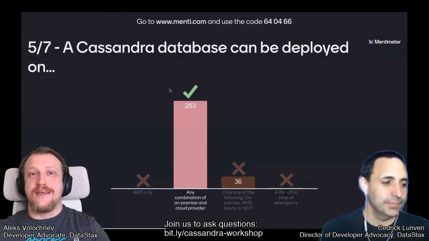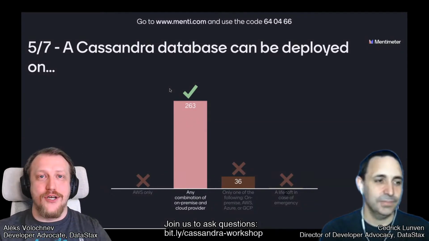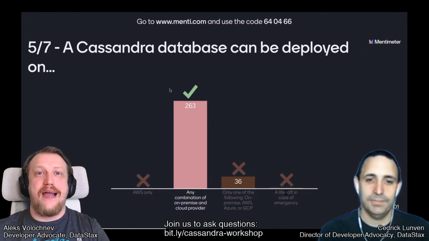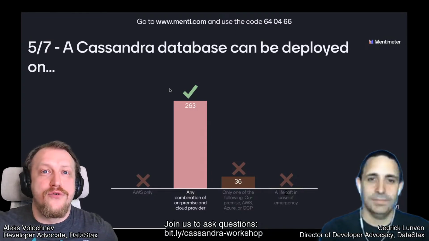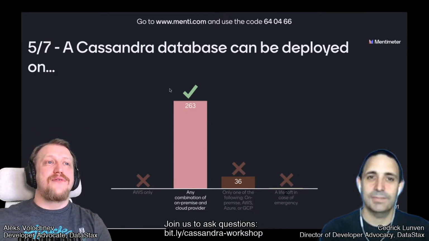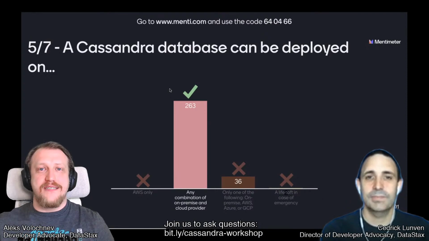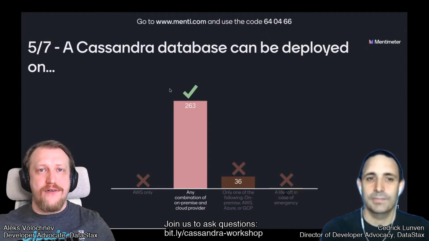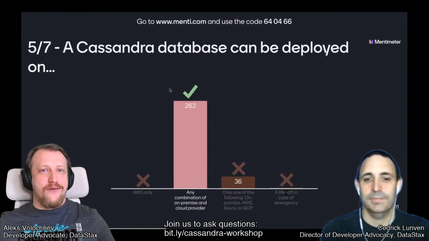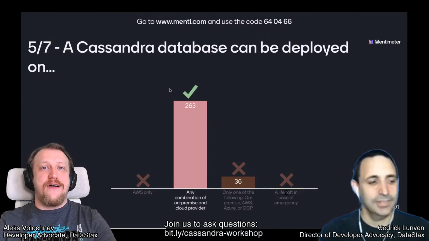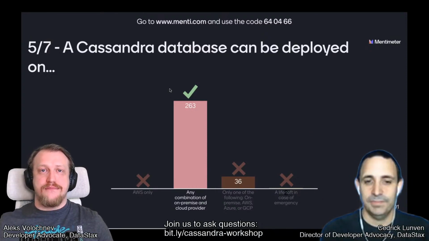Cassandra is platform agnostic, operating system agnostic, and cloud agnostic, so you can deploy it everywhere and have all your nodes working together. The only golden rule we recommend is to keep the nodes of the same performance. Don't use some nodes that are very powerful and some that are Raspberry Pis. That may lead to some issues. Try to keep them of the same performance. But the correct answer is any combination.